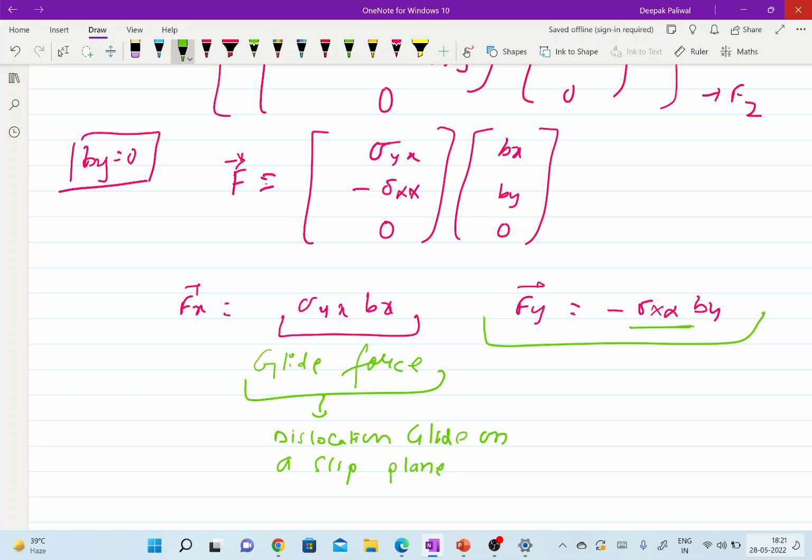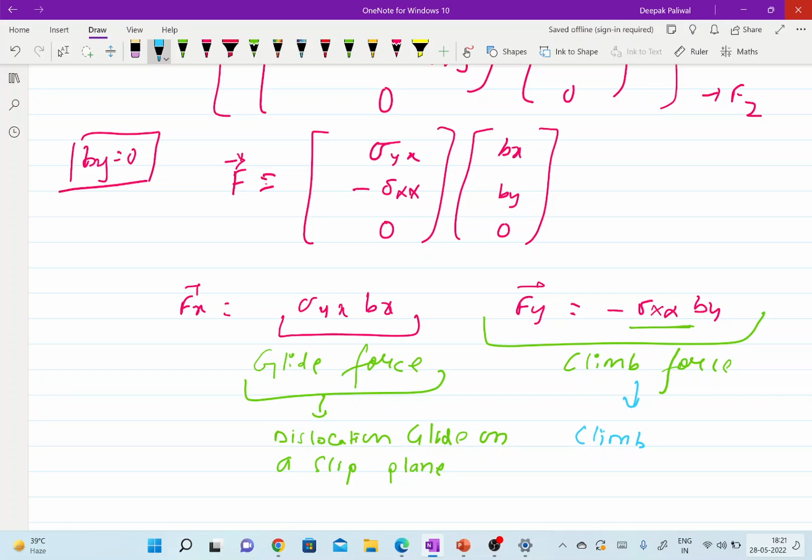So this is a climb force, this is important for climb motion, which we have already understood in the previous lecture, for the movement of a dislocation above or below its original position.